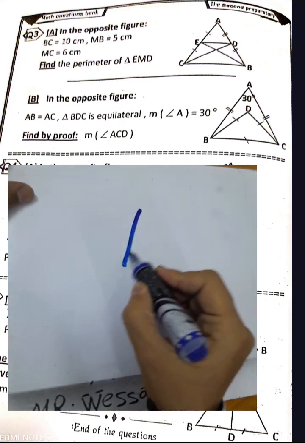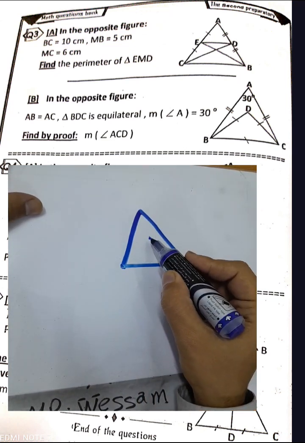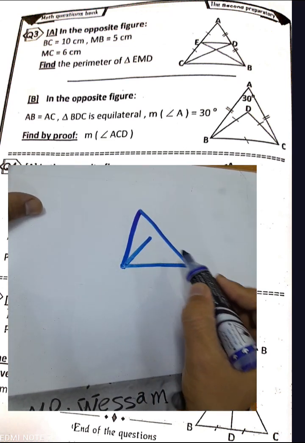Question letter B. In the opposite figure, we have an isosceles triangle and an equilateral triangle. Pay attention, I will draw this triangle. And we have the point D here, joining the vertex here and this vertex.